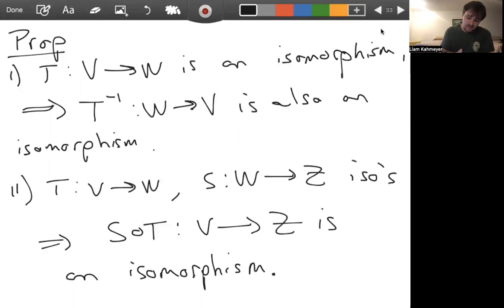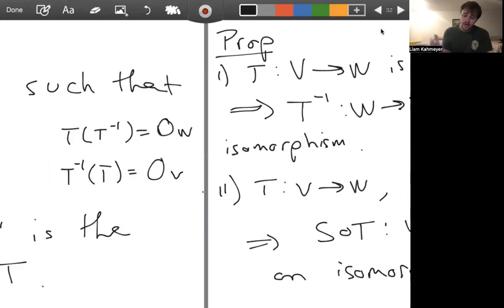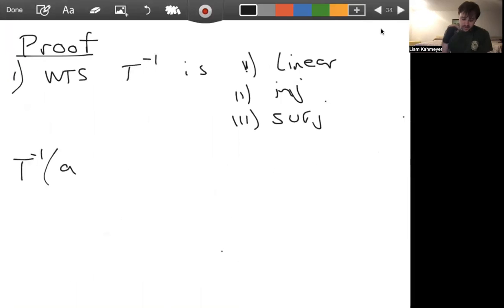Because T inverse is a map from W to V. What are elements in W? Well, really this is going to be A W1 plus B W2, right?